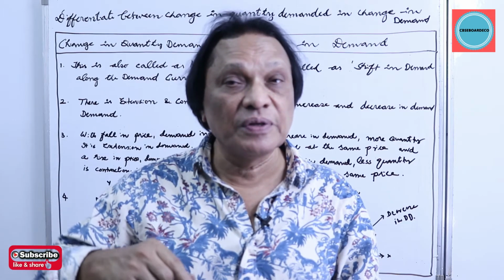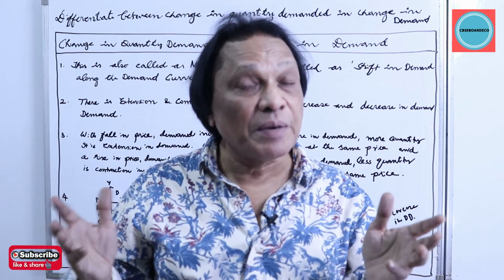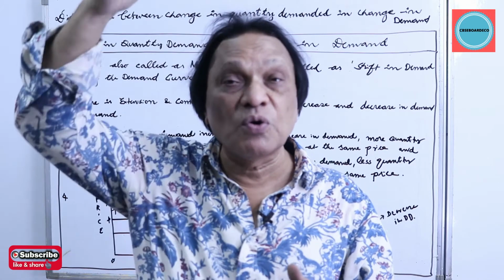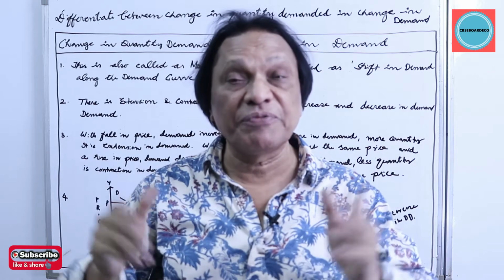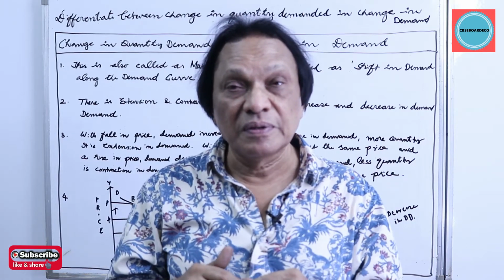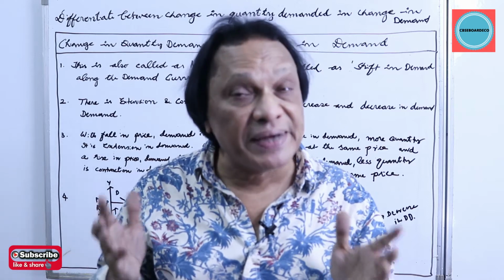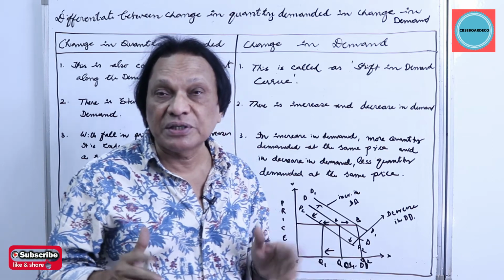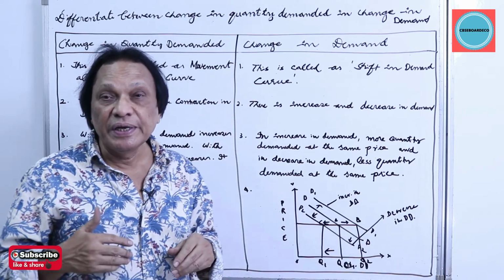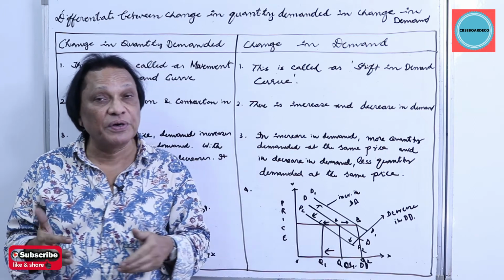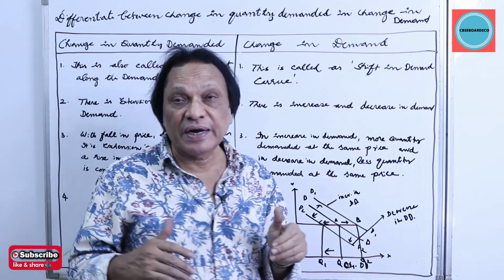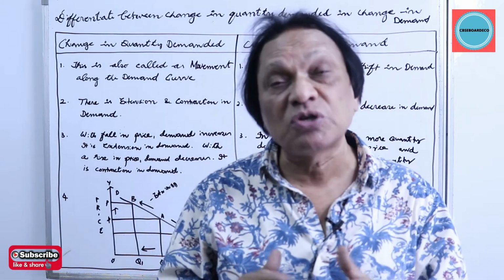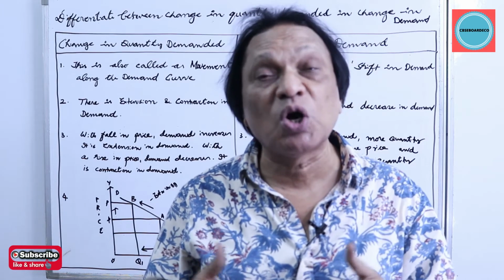You recollect, we've seen the many factors affecting the demand for a commodity, which make demand go up or come down. The most important factor is the price of the commodity. There are many other factors, such as prices of related goods, income of the consumer, taste and preferences, habits of the consumer, climate change, economic condition, and taxation policy of the government.